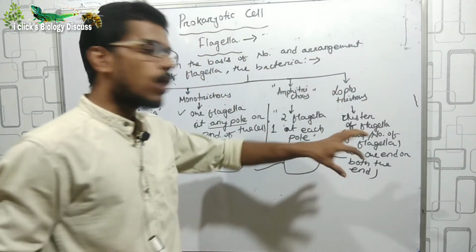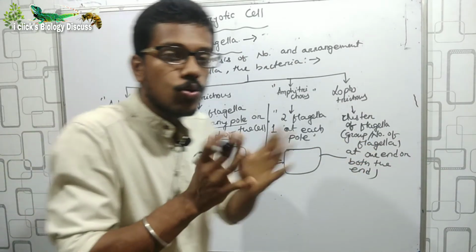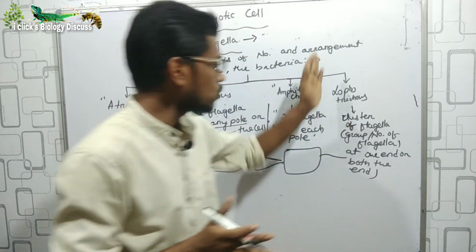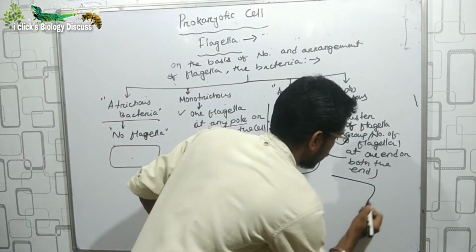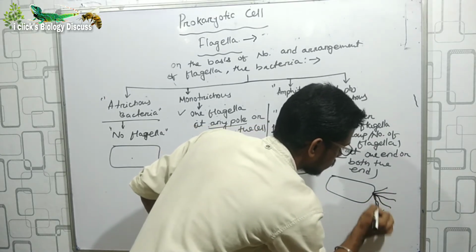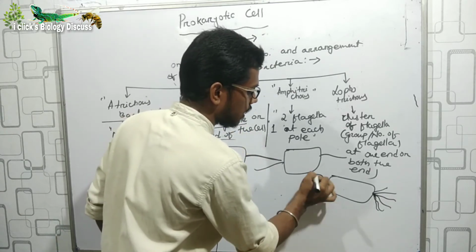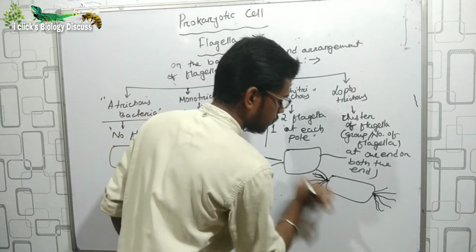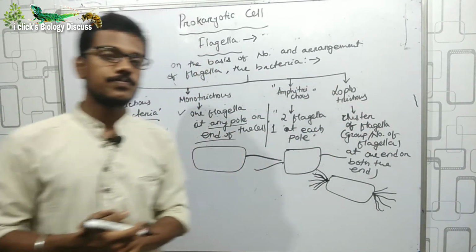It may be present at one end or at both ends, but it will be in a group. Suppose this is a bacteria, then there will be a group of flagella. Then that is called a lophotrichous bacteria.